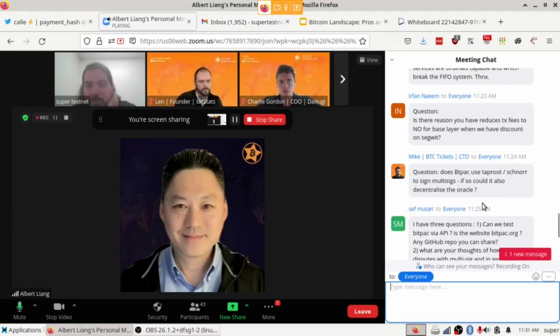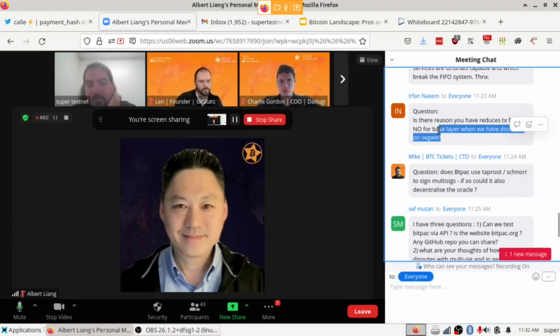Is there a reason you have reduces TX fees to no for base layer when we have discount on SegWit? Well, yeah, because it's the base layer. Like I'm comparing it with Bitcoin itself. So if you have Bitcoin transactions, some are definitely cheaper than others. A transaction that only sends to Alice is definitely going to be cheaper than one that sends to Alice, Bob, Carol, and Dave.